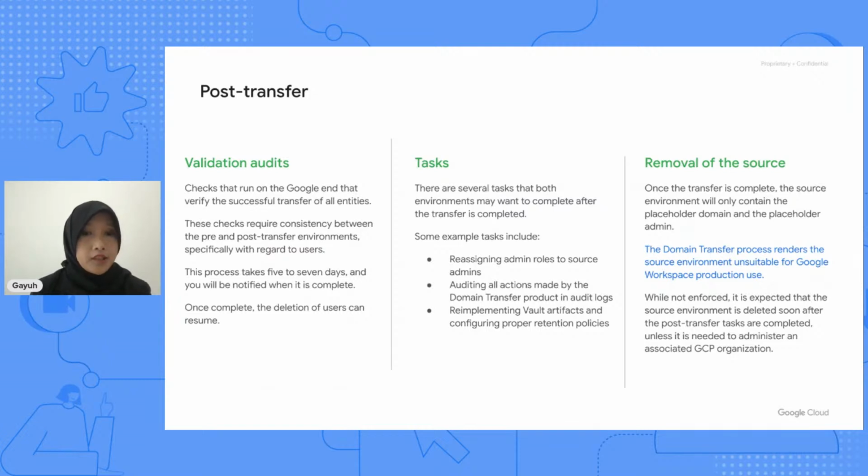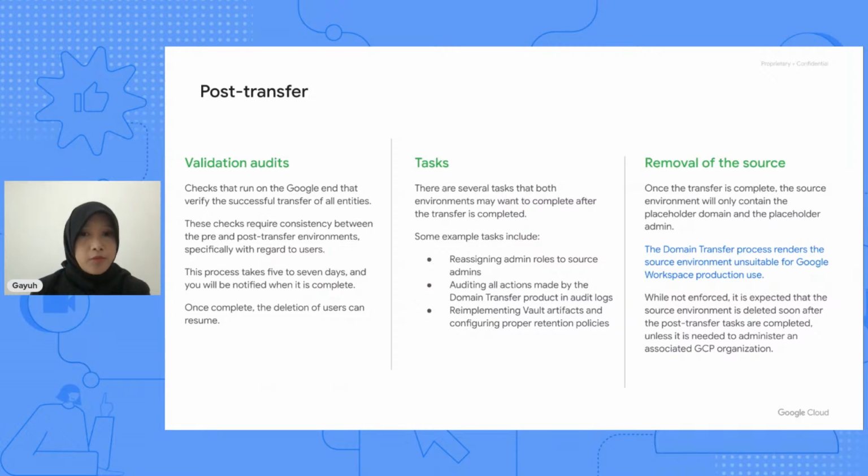There are also several tasks that both environments might want to complete post the transfer. For example, reassigning the admin roles to source admins, re-implementing any Vault artifacts, as well as auditing all actions made by domain transfer specialists in audit logs. And once the transfer is complete, the source environment will contain only the placeholder domain and the placeholder admin.